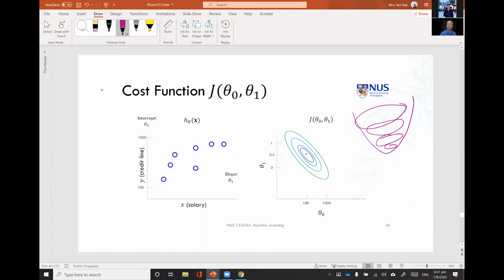And each of these contours here has the same cost amount. It means the cost value for any set of parameters on this ellipse, this green ellipse out here, has the same amount of cost.